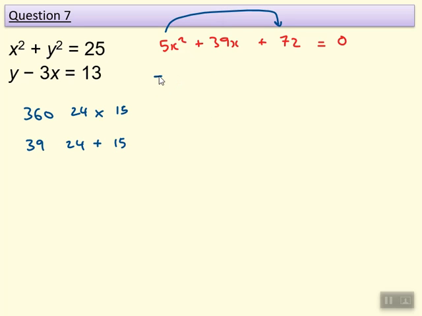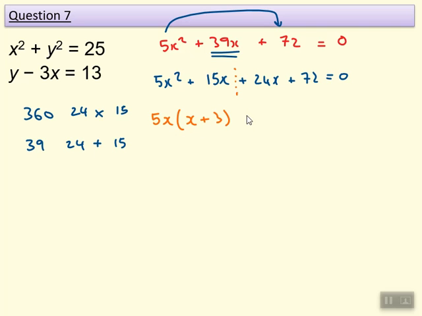And then remember the procedure. Once you've found the two numbers, you write them in the middle, you replace that term with those two numbers in any order, writing an x next to them, like so, and then you chop it in half, like this, and then you factorize the left-hand side first, so 5x bracket x plus 3, and then you factorize the right-hand side, so it'd be positive 24 bracket x plus 3.